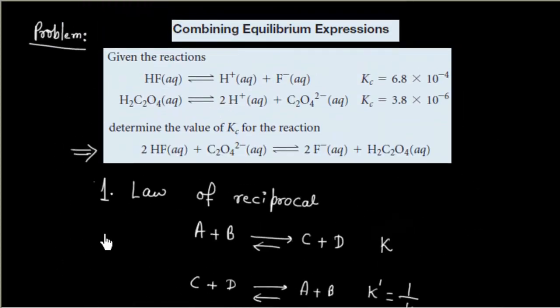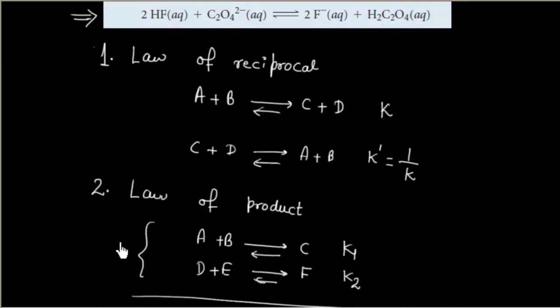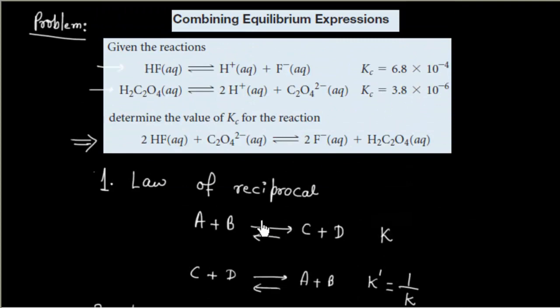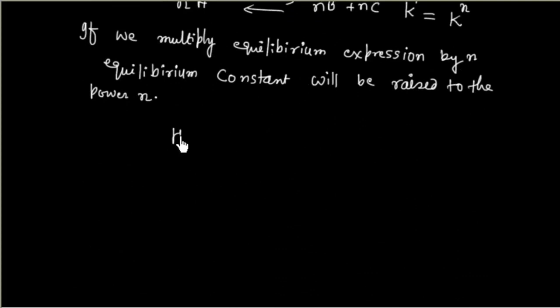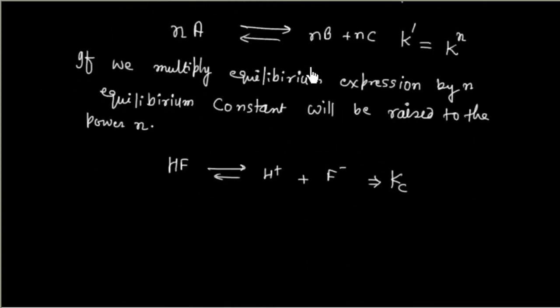We have been given HF, H plus, F minus, and Kc is given. Let us call this reaction 1 and this reaction 2. We have to find the equilibrium constant for this reaction. One thing is clear, I have 2 HF. This means I have to multiply the first equation by 2. Then I can use the law of power, so the equilibrium constant will also be squared. HF gives you H plus and F minus, and the equilibrium constant for this reaction is given as 6.8 into 10 to the power minus 4.